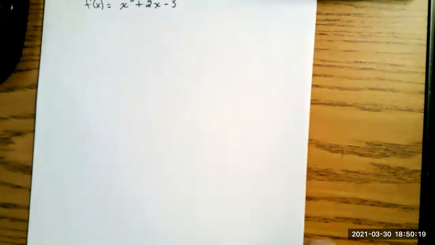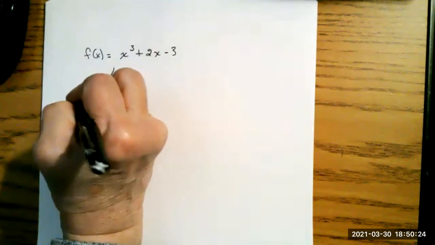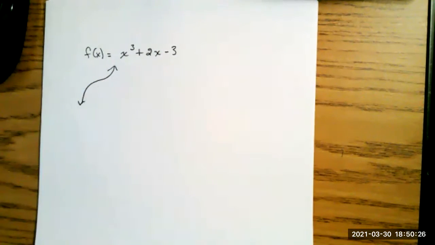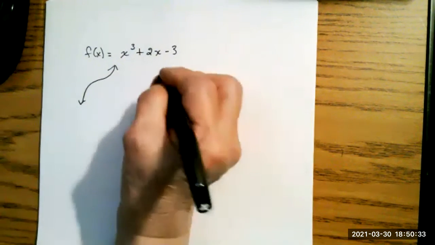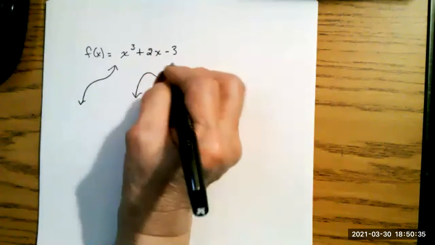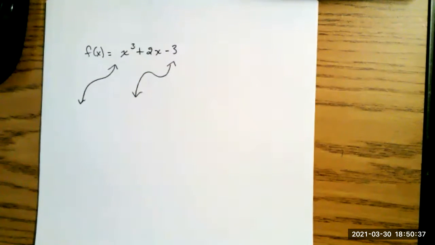What if we had f of x equals x cubed plus 2x minus 3? Do you know what that would look like? Remember doing those cubes? They look like something like that. They might even have a hump in them, but they'll look like that. Notice how one goes up and one goes down.